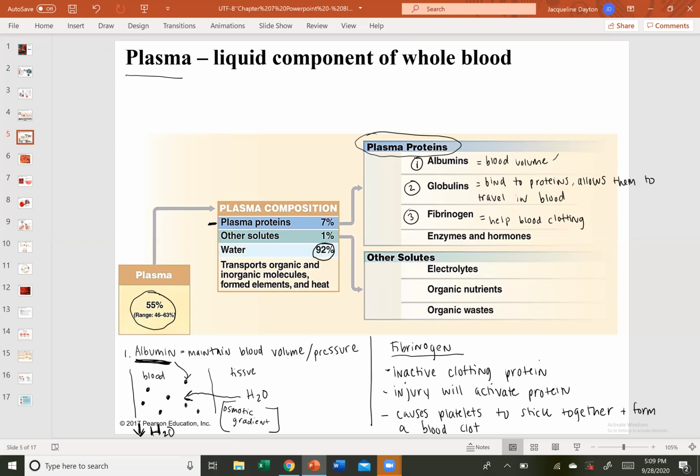Globulins are there to help transport proteins, and fibrinogen is there to help the process of blood clotting, or coagulation is another word for it, okay? So those are your major components for blood. In the next video, we are going to start talking about red blood cells or erythrocytes. We're going to speak about their structure and function.